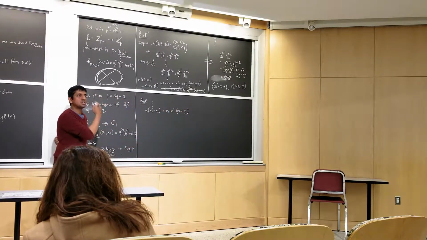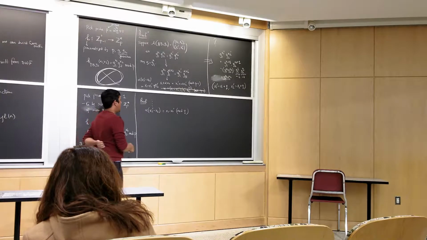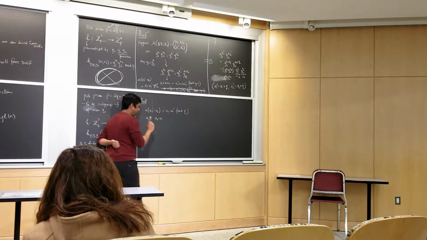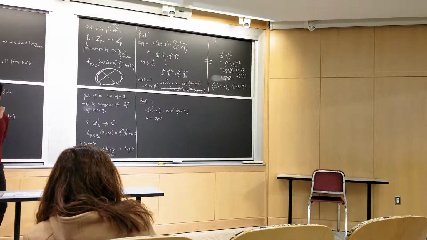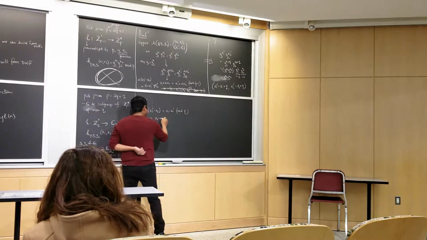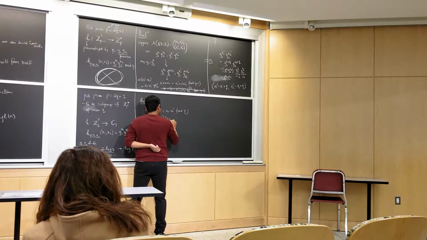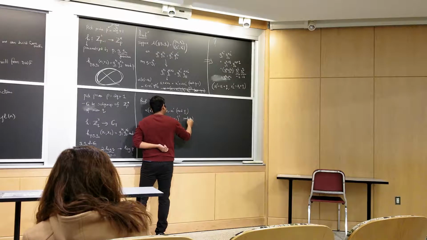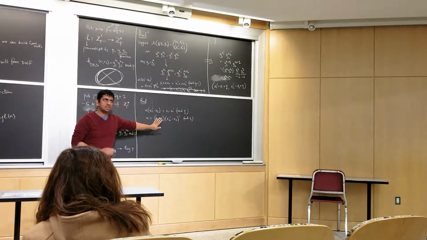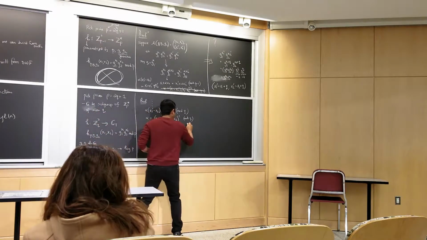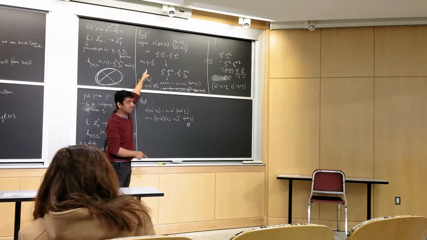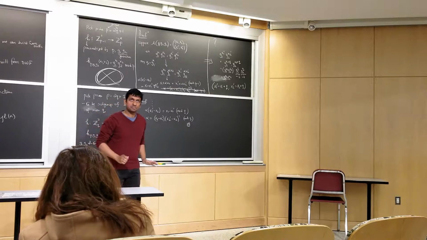Why mod q? Because I'm working over a group of order q. This is what I want to do, and then I'm done. So at this point, I declare victory. I get the discrete log. Remember, alpha was the discrete log of g2 to the base g1.